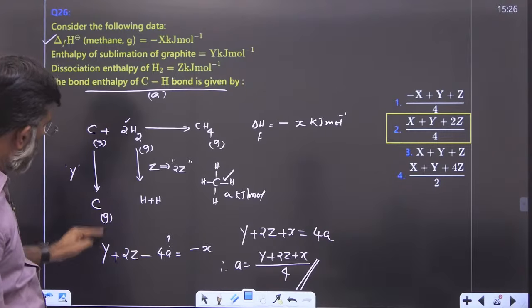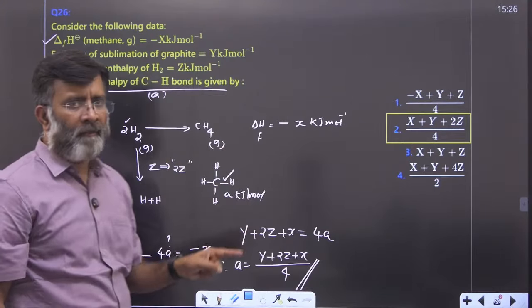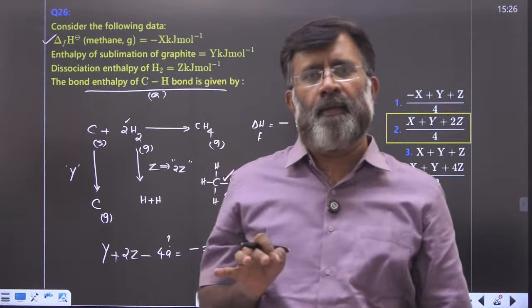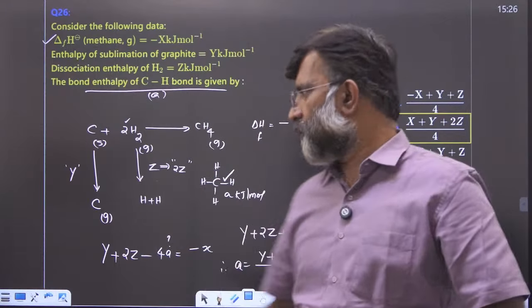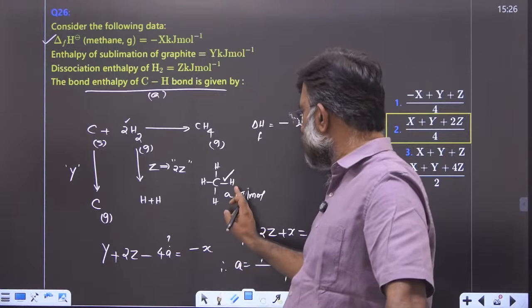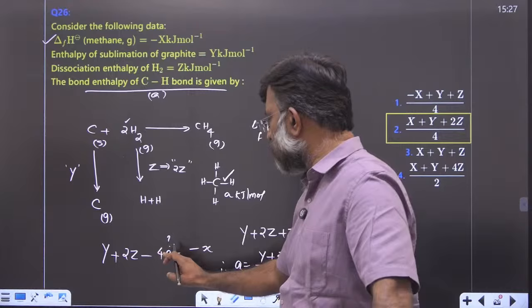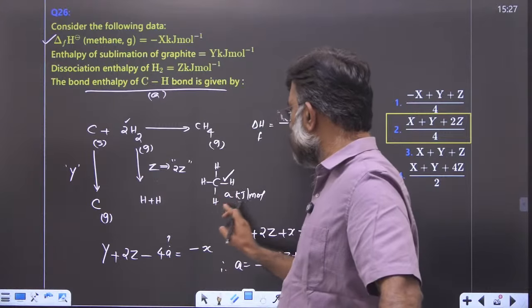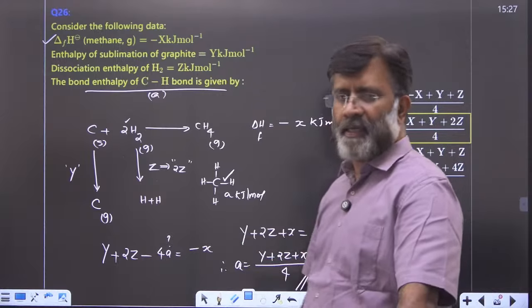Whenever a bond is breaking, you give plus. Whenever a bond is formed, you give minus. So 1 bond A, 4 bonds 4A, that is minus. So this plus this minus this value will give you minus X. Find out what A is.